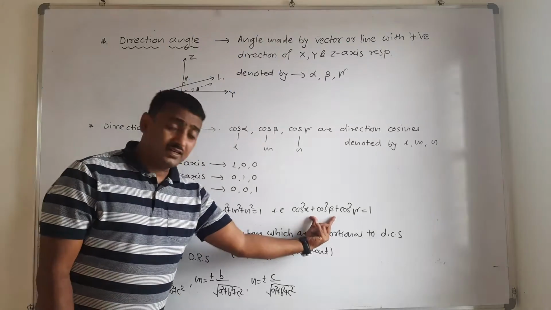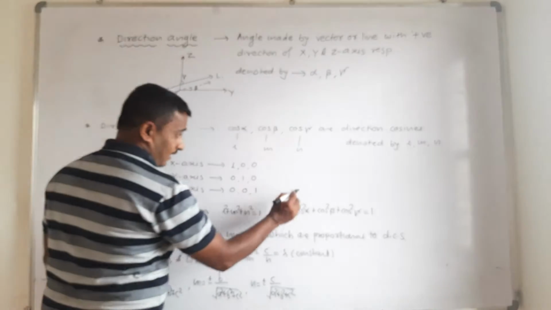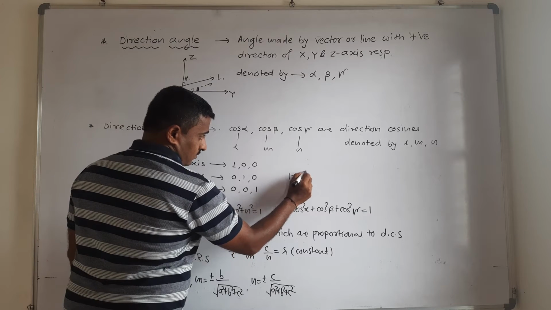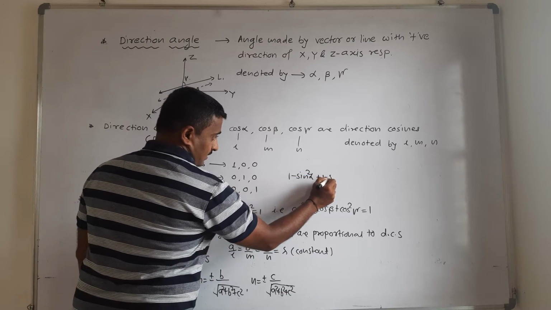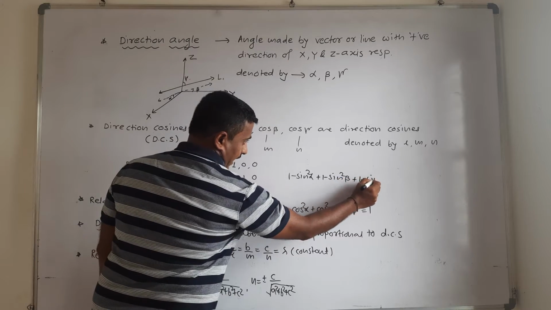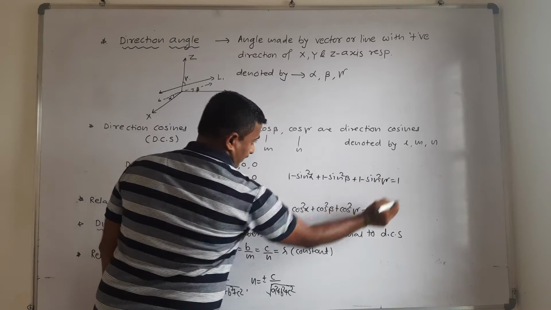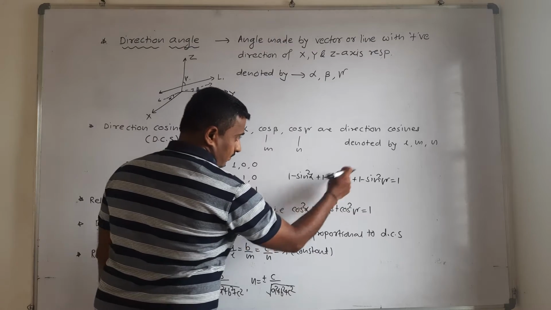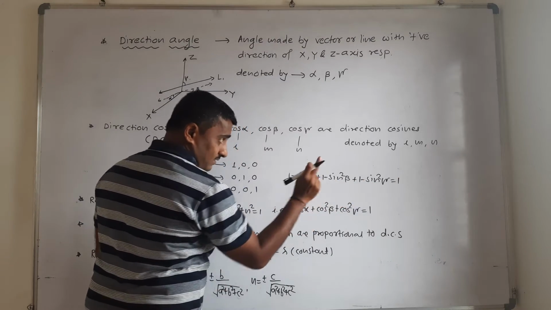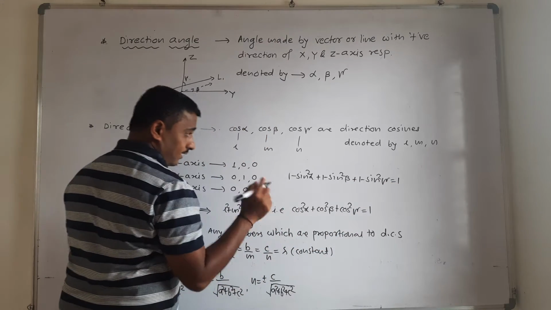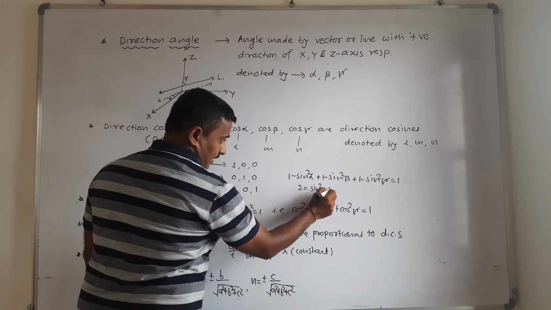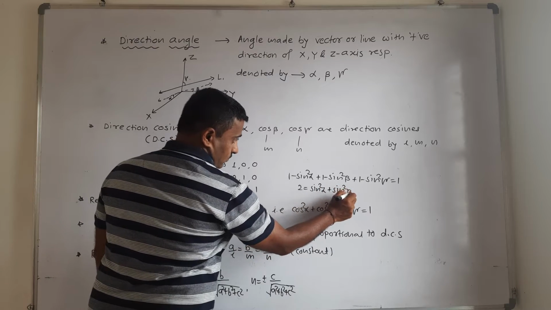If we write this in terms of sine square, I write 1 minus sine square alpha, second 1 minus sine square beta, plus 1 minus sine square gamma is equal to 1. Then I transfer sine square alpha, sine square beta, sine square gamma. 1 1 1, it is 3, and this 1 minus, therefore 2. 2 is equal to sine square alpha plus sine square beta plus sine square gamma.